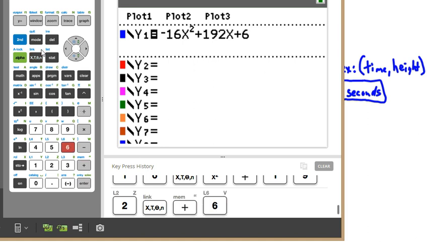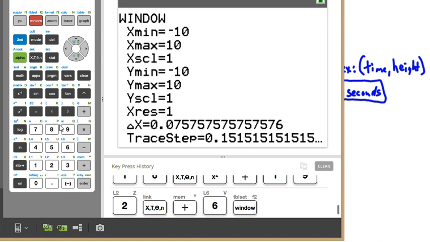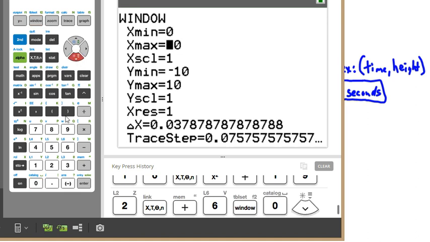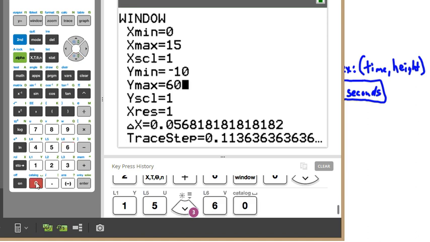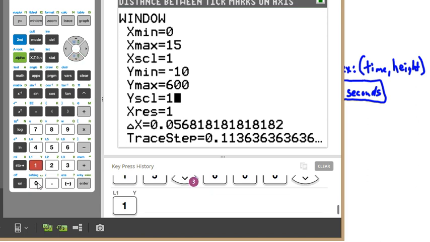We know we're going to have it quite high, so I'm going to take the window out here. I think we're going to go to 15 for maximum height. So 582 feet. Let's go to 600. They'll tell us we're going to Y scale it maybe by 8. Let's see what's going on here.